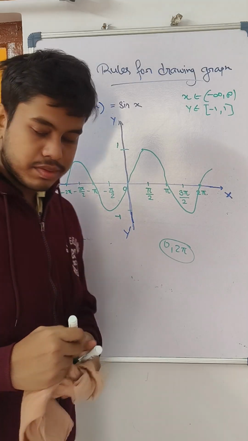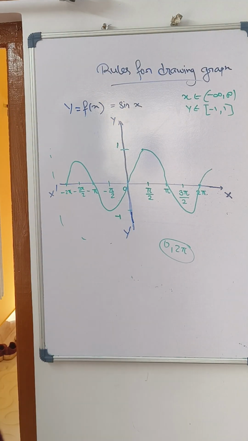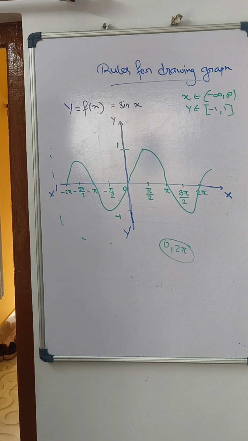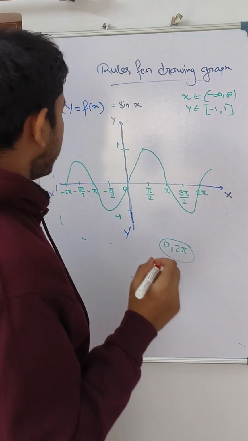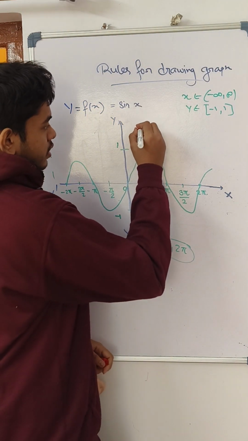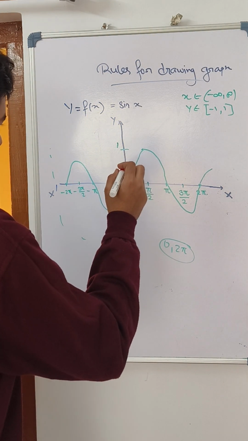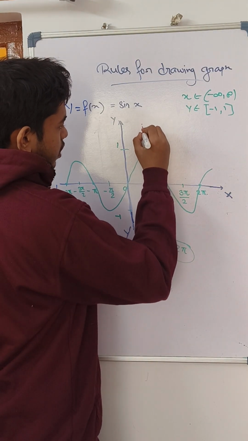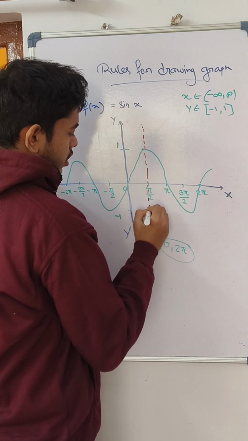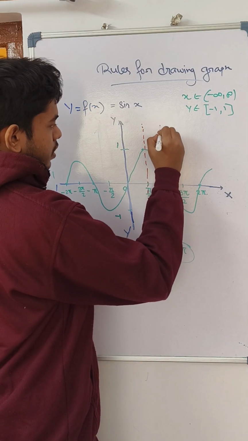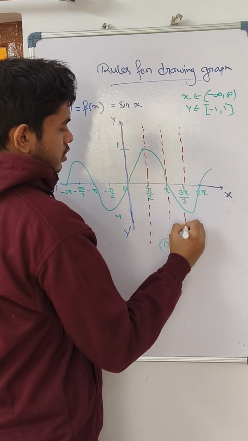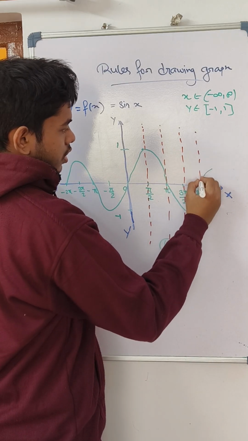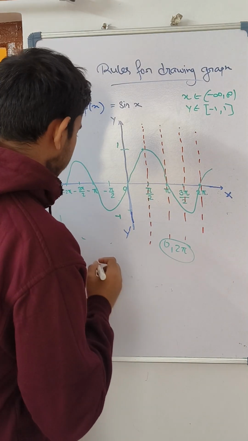One very good measure to use at this point for drawing graphs: always make sections. First do like this, then like this.